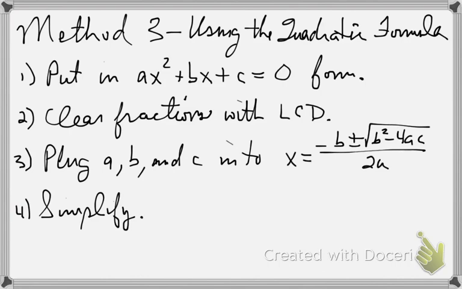And then you're going to simplify completely. All right? Now, that often means breaking down the square root. It also often means reducing by a common factor if there is one. All right? Common mistakes. So let's give this a try.